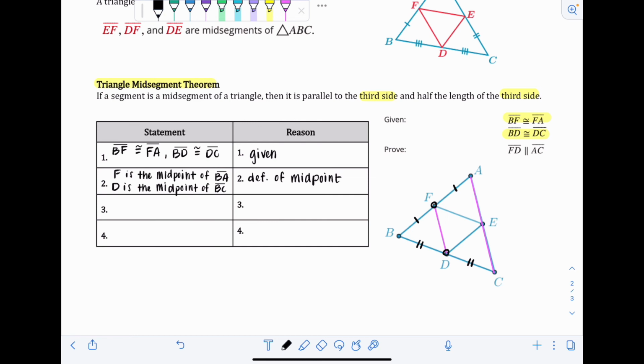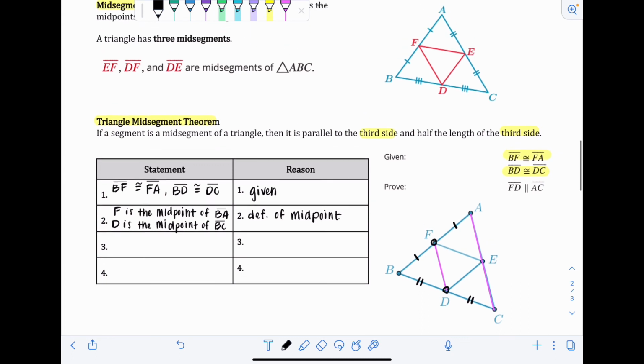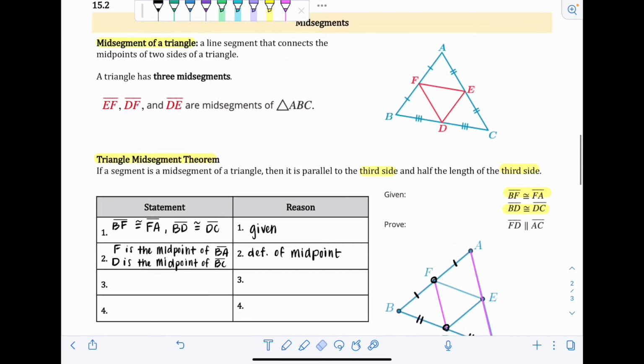Okay, and then for the next part, I want to go back up really quick to what the definition of a mid-segment was. That was the word that we learned with 15.2. The mid-segment of a triangle is a line segment that connects the midpoints of two sides of a triangle.